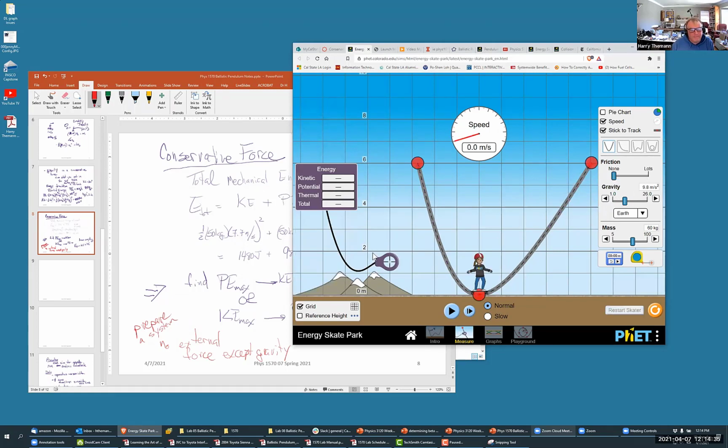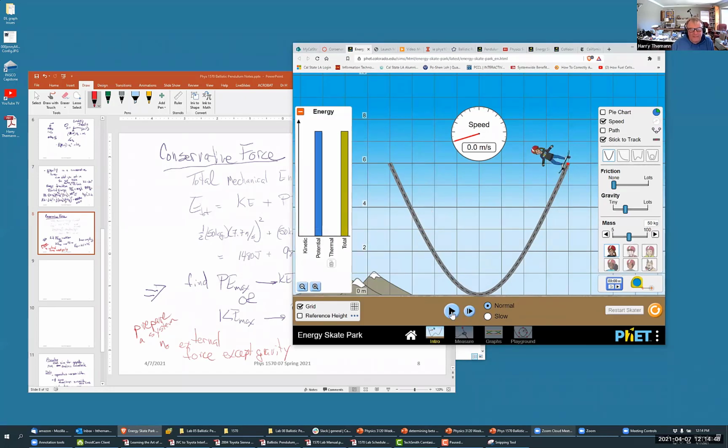No. Well. So you prepare the system. That's an important concept because when we look at the ballistic pendulum, the energy stays constant, because now my pushing her up the hill is not a factor anymore. It's only gravity working on her.